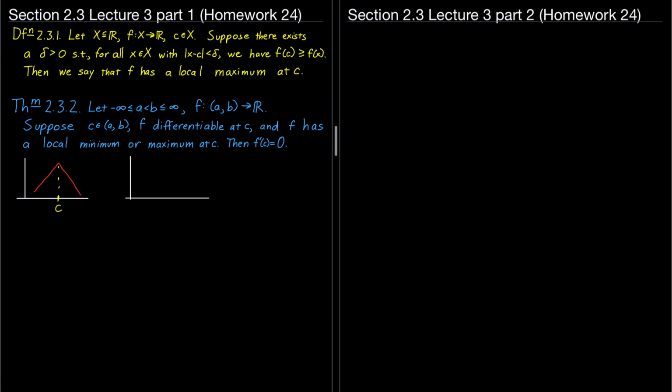It has to be open. This function has a local maximum here at its endpoint, but the derivative there certainly isn't 0. So when we prove this, we'll be proving this for an interior maximum where the derivative does exist.